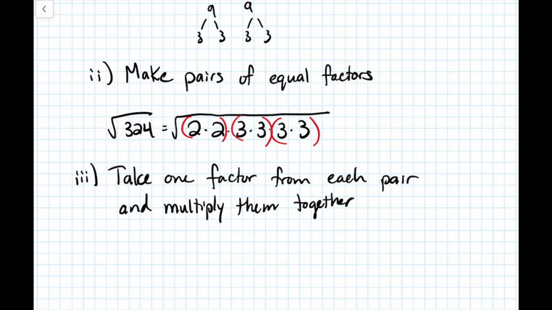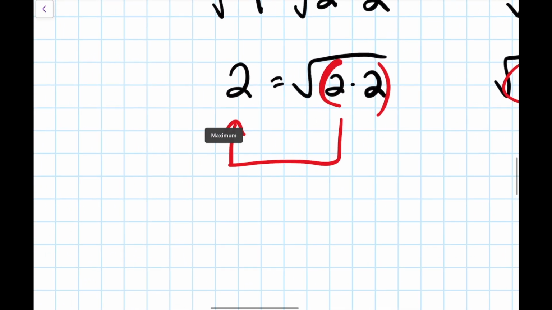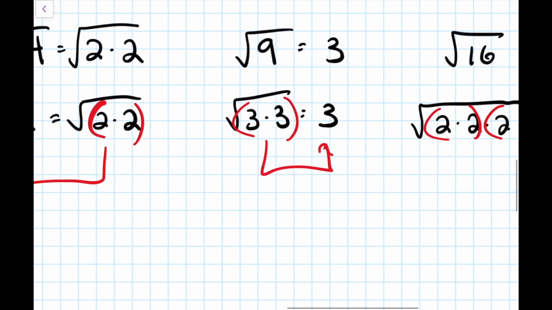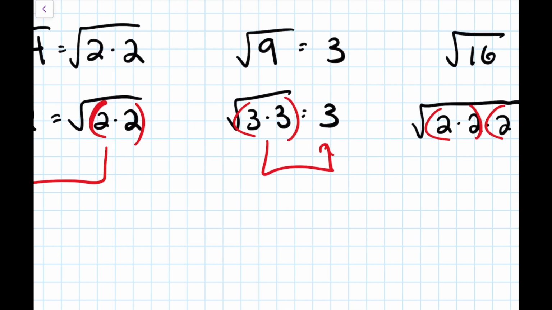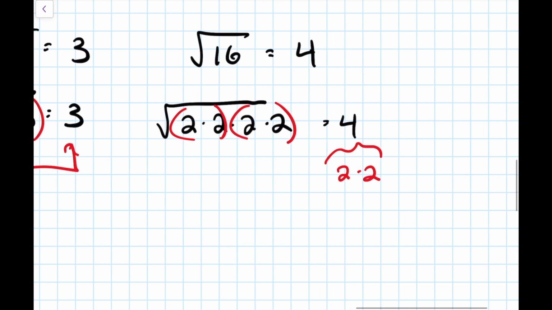The reason for that is that when we do a square root, what essentially ends up happening is 2 of something gets squished into 1 of something. So 2 2s inside of a root becomes 1 2 on the outside, so the square root of 4. Same thing for the square root of 9: 2 3s on the inside of the root, 3 times 3, becomes 1 3 on the outside. And even with 16, 4 2s, so 2 pairs, becomes 2 2s. So every pair of factors becomes one thing on the outside.